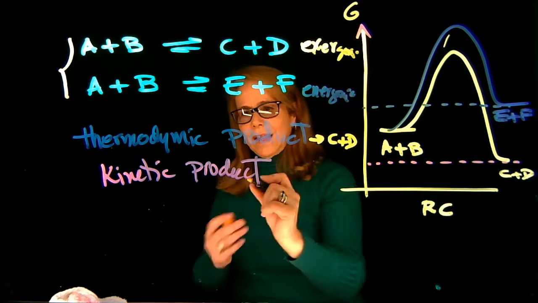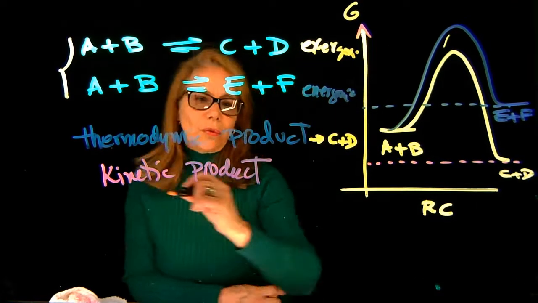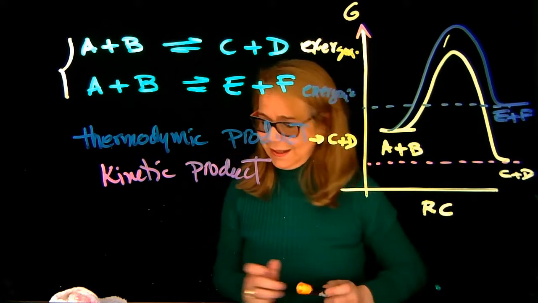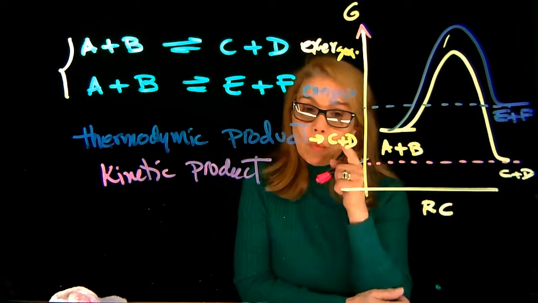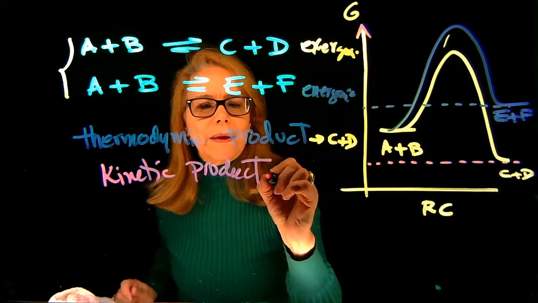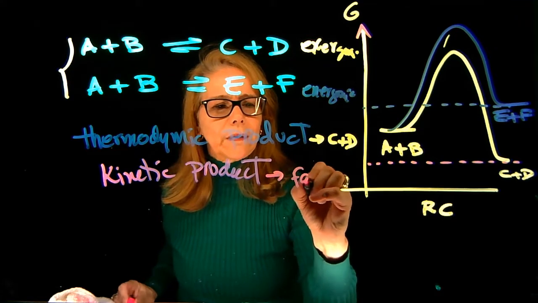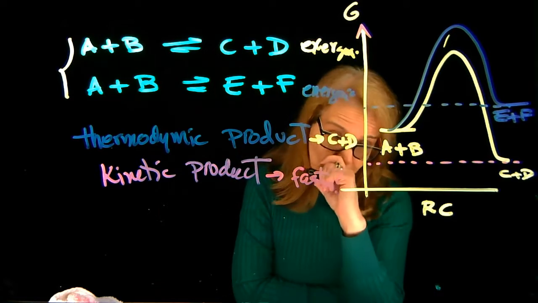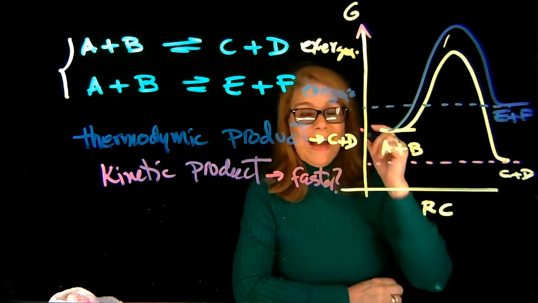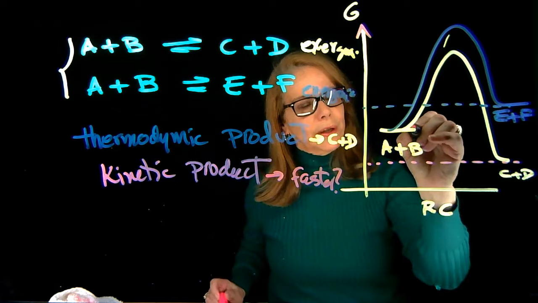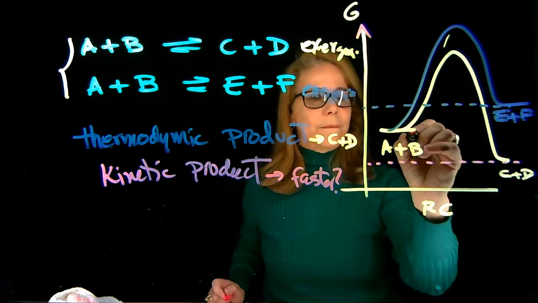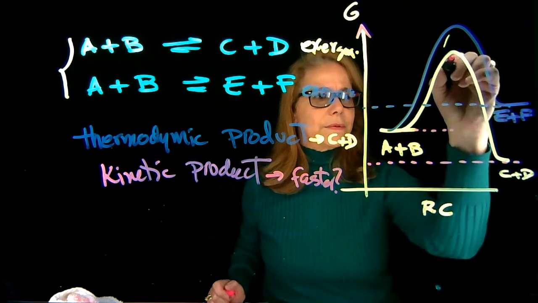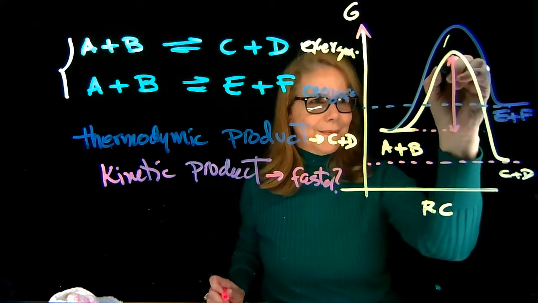Okay. Now, the second question is about what is the kinetic product. So here we're going to see what products form faster. For that, we're going to be looking at the energy of activation. So if we look at the formation of CD, then the energy of activation is this.